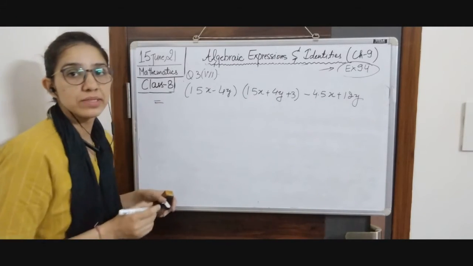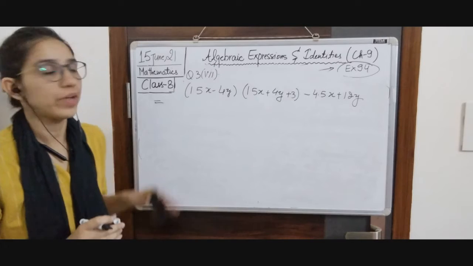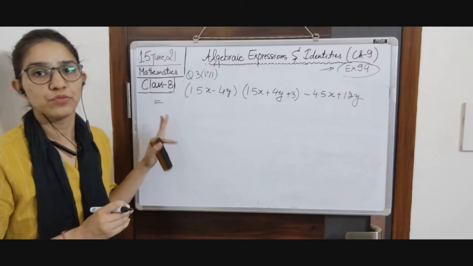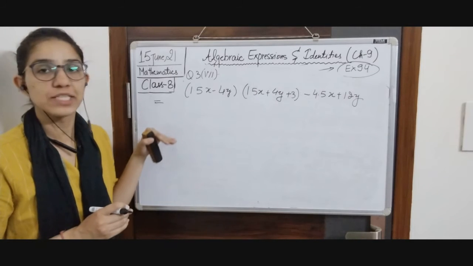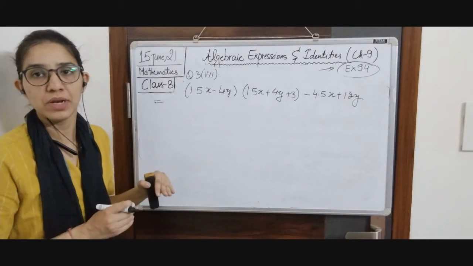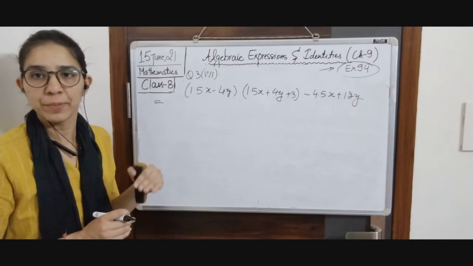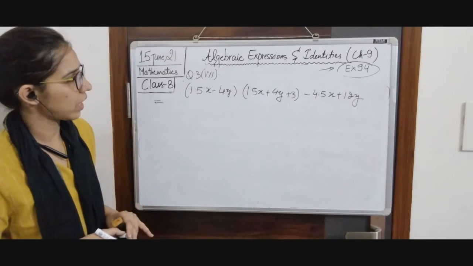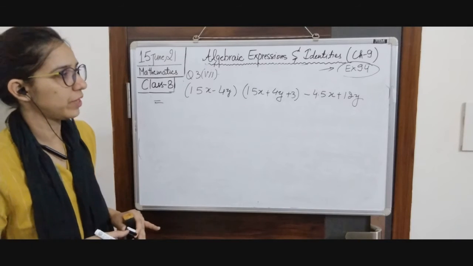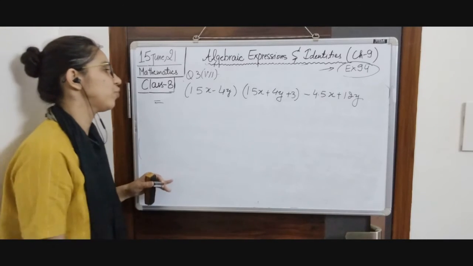We can do two things. First, we can remove the decimals in the first step only, or we can keep the decimals and remove them when we need to multiply the coefficients. We can use either method. So I am going to keep the decimals. Oh no, I am going to remove the decimals.